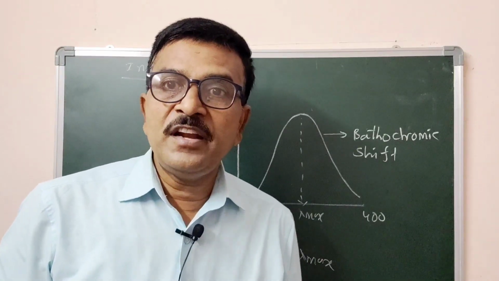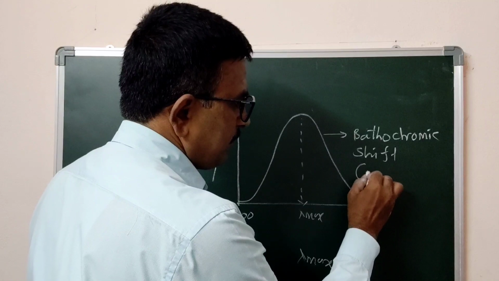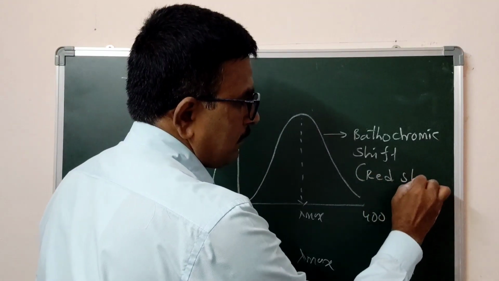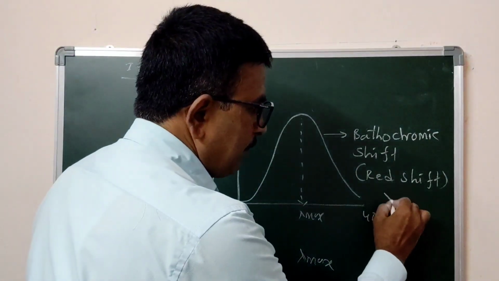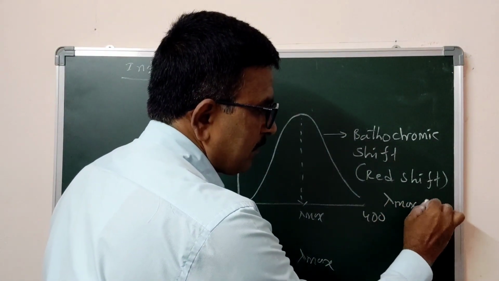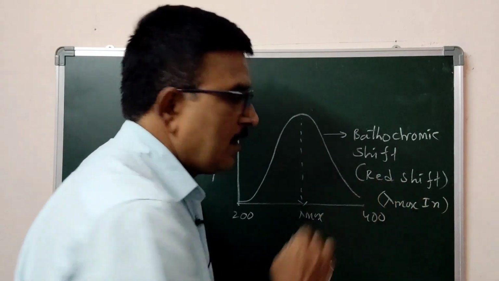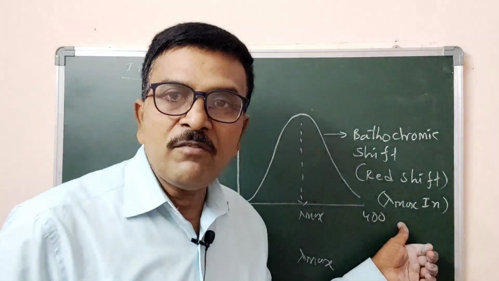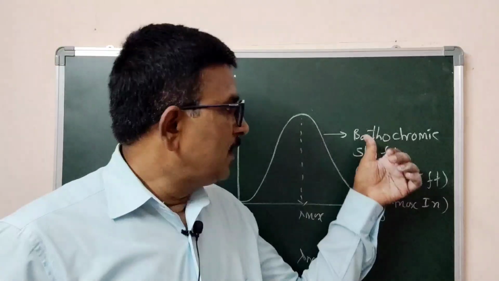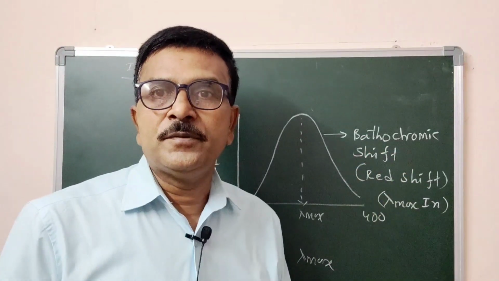It is also known as red shift, where lambda max increases, that is, the wavelength of absorption increases. Bathochromic shift or red shift.